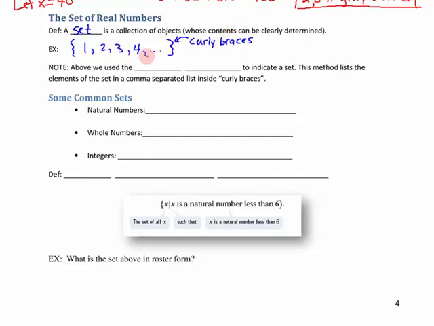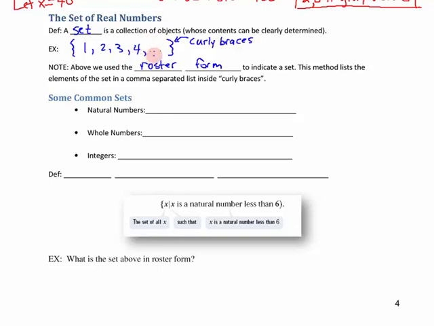And inside the curly braces, I will describe that set. In this particular example, I used what's called the roster form to indicate a set. This set, 1, 2, 3, 4, and so on, is described by listing the values, much like a class roster would list the students in a particular class.